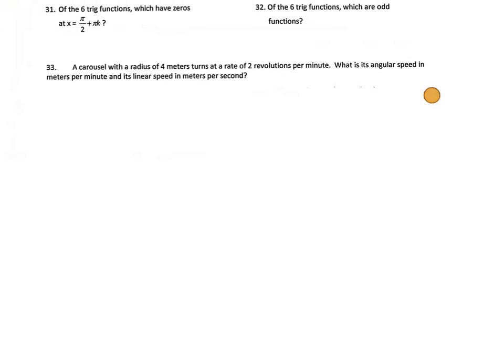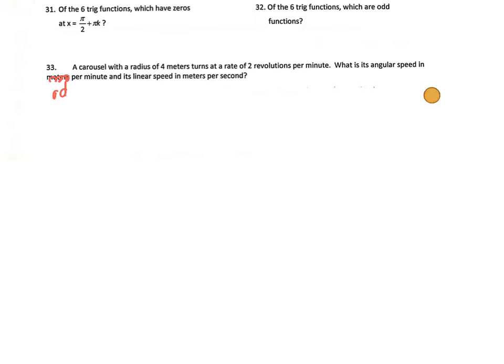Now let's do 33 together. So we have a wheel that has a radius of 4 meters and turns at a rate of 2 revolutions per minute, and they want the angular speed in radians per minute and the linear speed in meters per second.